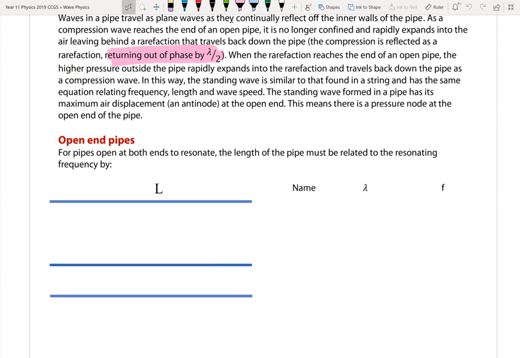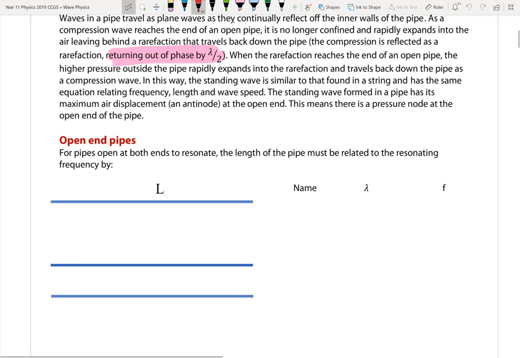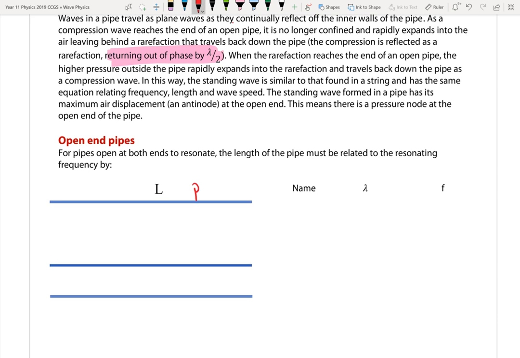the last sentence? A standing wave that's formed in an open-ended pipe has maximum air displacement at the open end. Okay? So, you have to be careful. There are two different wave envelopes we can ask to sketch. Let's just sketch the particle displacement, or I'm going to go with particle envelope.